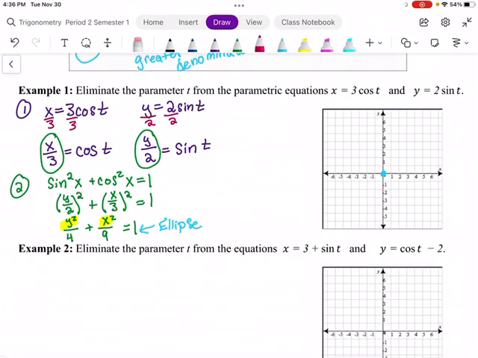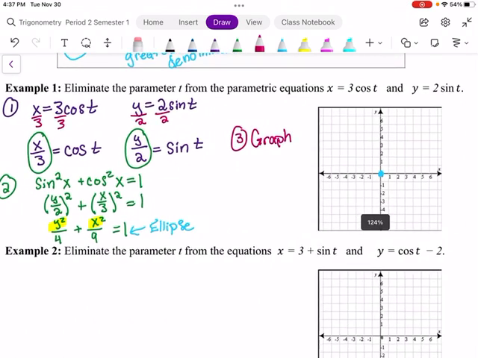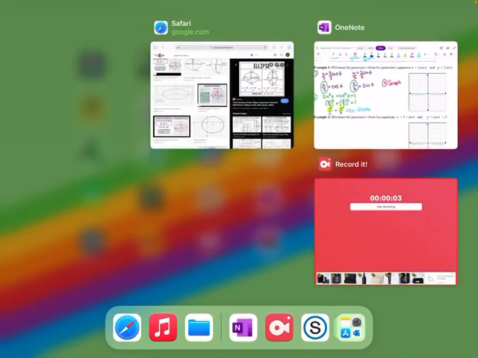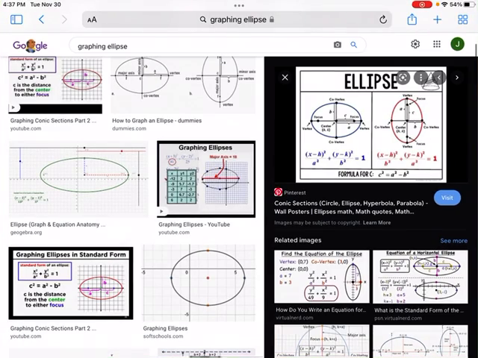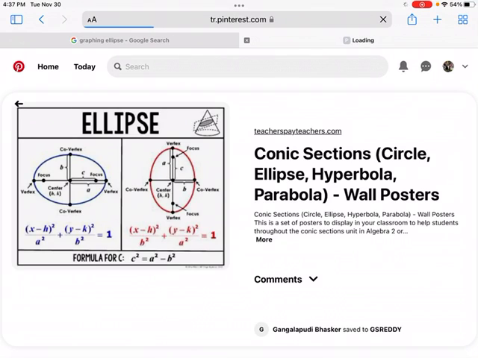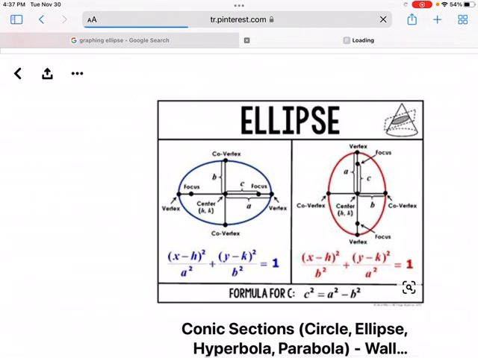So our third step, we are going to graph this. To graph these, if we look at some examples, in this equation, you'll see that our major axis is just a, and we get that by taking the square root of the denominators.